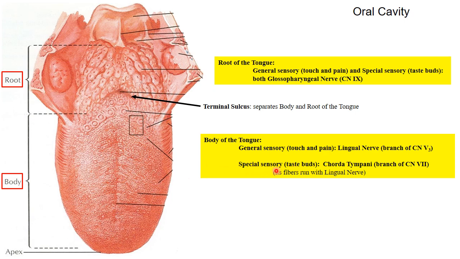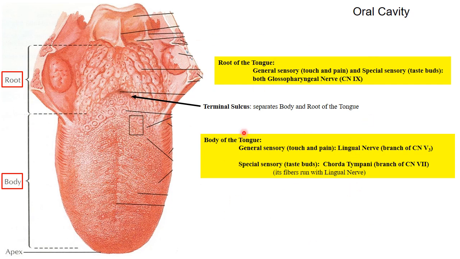But then special sensory, meaning taste cells and taste buds, are also running with the lingual nerve, but remember, when we get to the infratemporal fossa, those fibers get off at the off-ramp and travel with chorda tympani, which is a branch of cranial nerve 7, or the facial nerve. Again, all these sensory fibers, pain, touch, and taste, run together for a little while along the lingual nerve, but they will separate eventually.